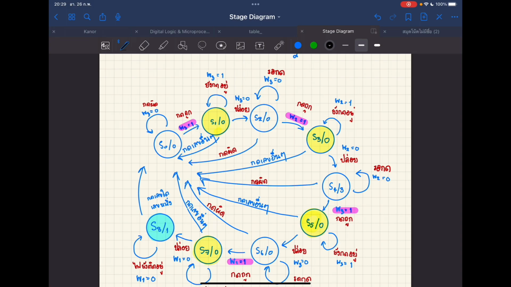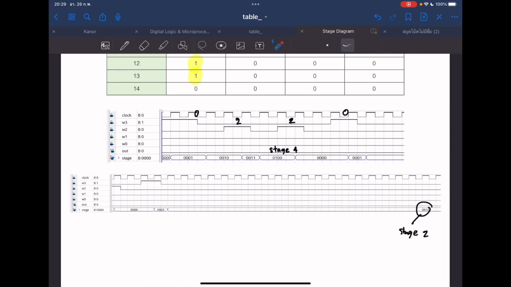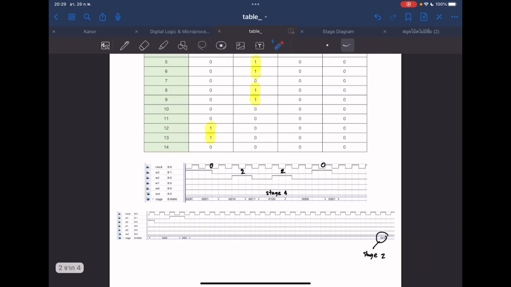This one. We press 0 and if we still press 0 and then we release this 0, so it waits for us at stage 2. So it's correct.